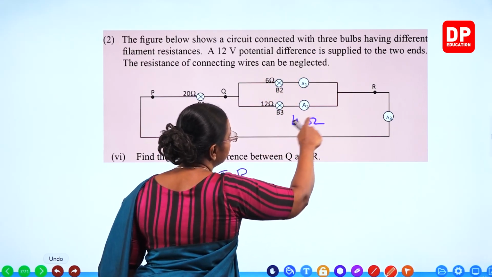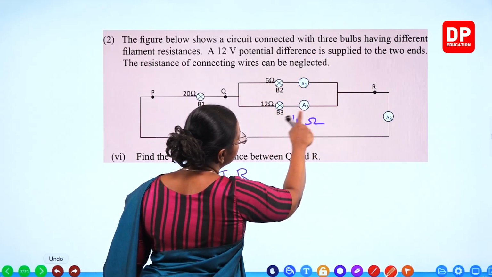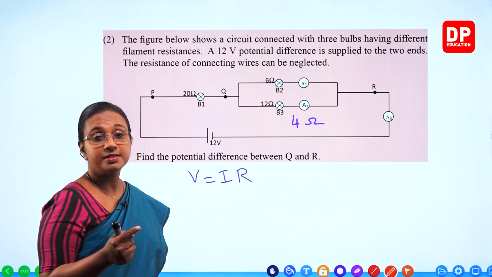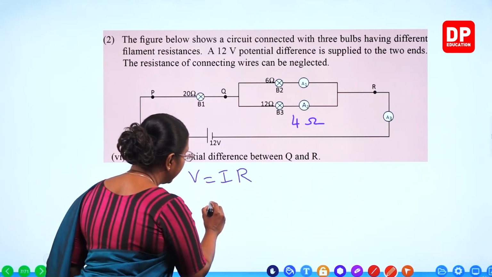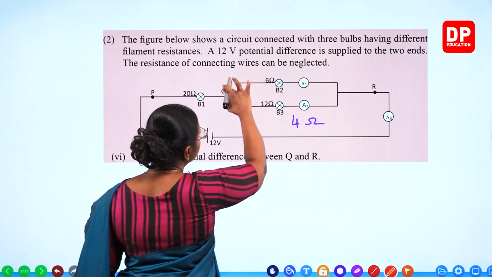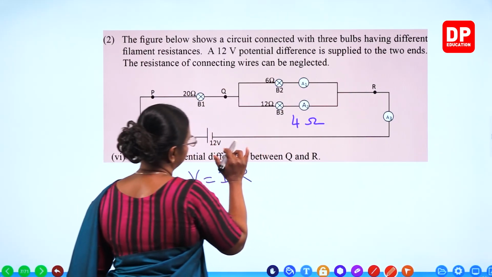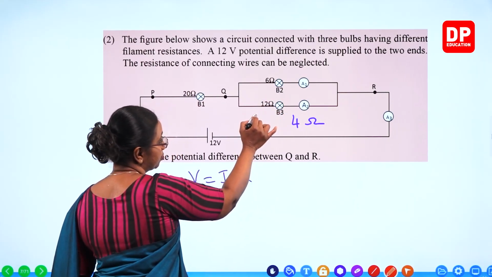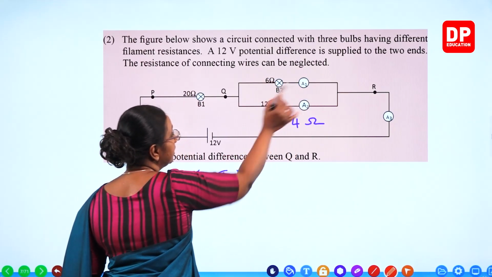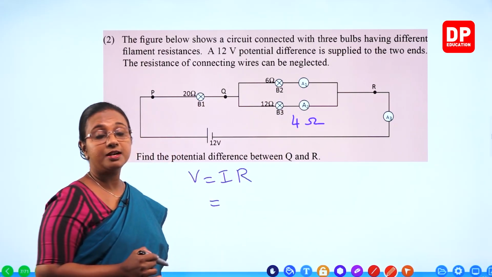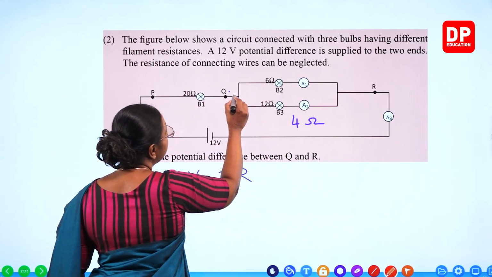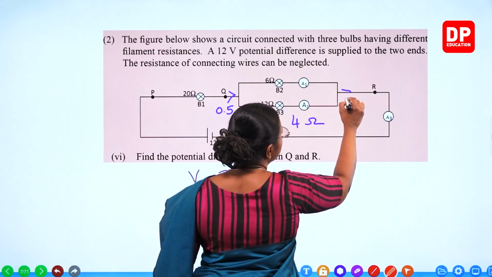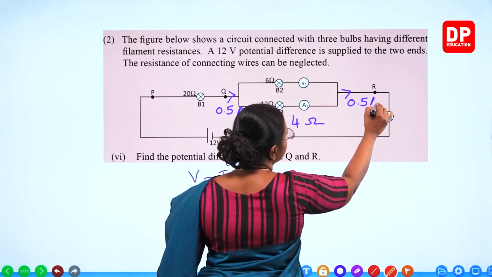So as a whole thing, if you take this component as one resistor with an equivalent resistance of 4 ohms, then you know the total current flowing through this part. It's true that current is going to divide between these 2, but in total, a 0.5 ampere current will flow into this point, and there will be 0.5 amperes coming out.